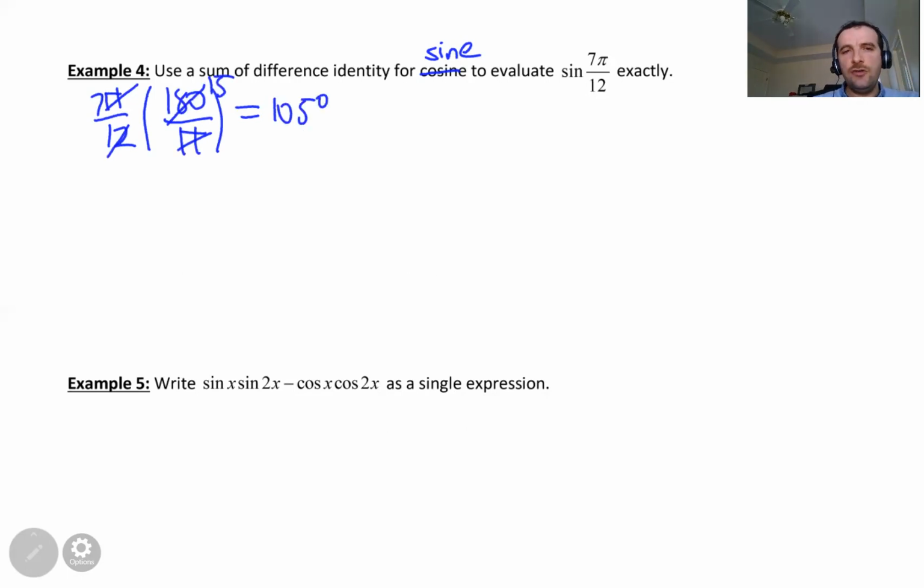Okay, so we need to find the sine of 105, and 105 is, as we did in the previous video, equal to 45 plus 60, right? And we know the trig values for 45 and trig values for 60, so we can find sine of 105.